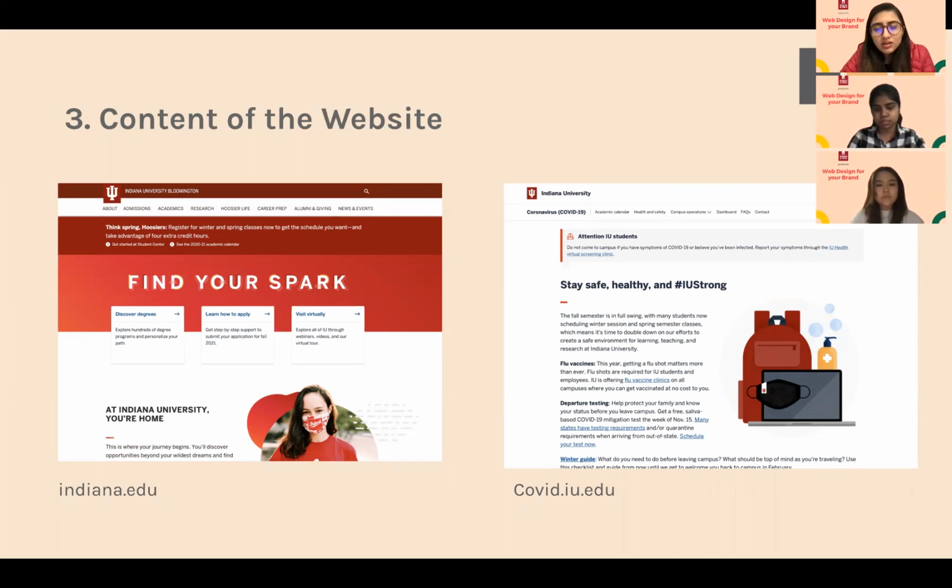The second is the coronavirus website of IU. Here, the content is specifically about COVID and how you can get flu vaccines and do departure testing at the university. So, the content is very different, the purpose is very different.